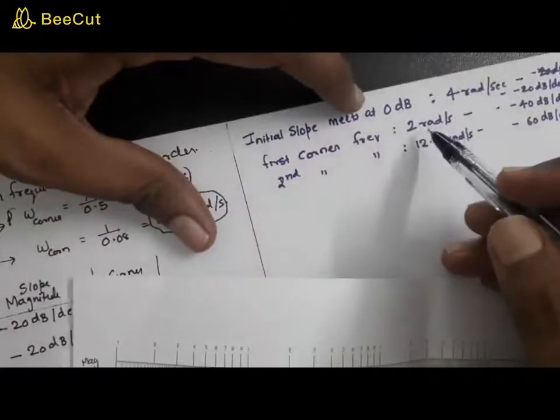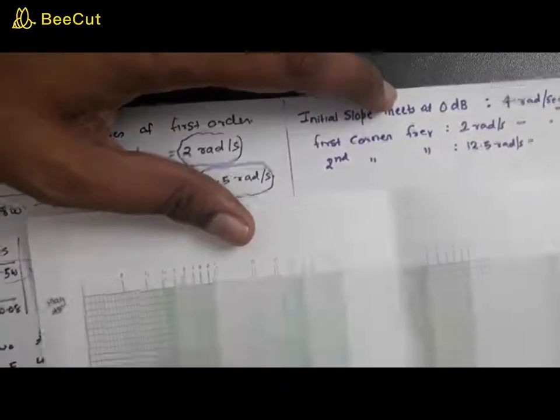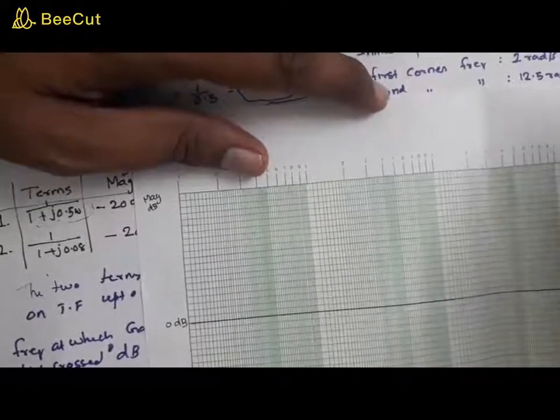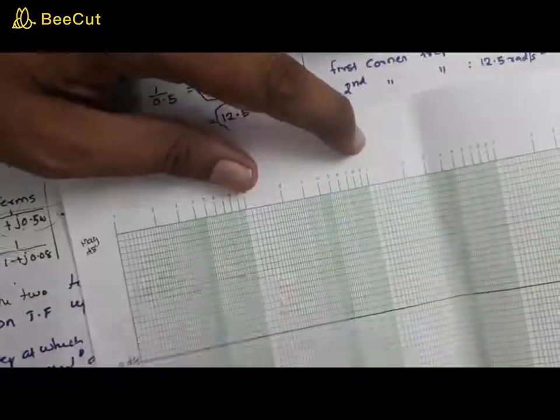You don't have to convert 4, 2 and 12.5 into log, because when you plot these values here, they will automatically be plotted logarithmically. You just need to identify these points on the axis and plot accordingly.